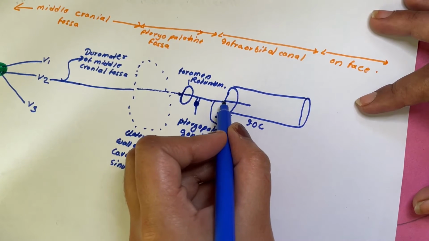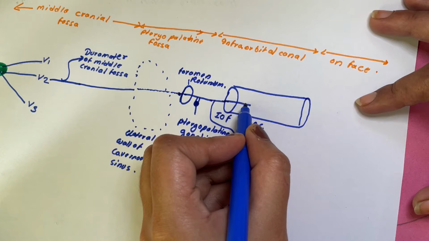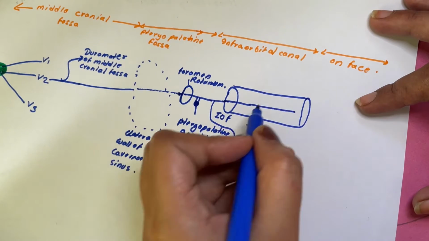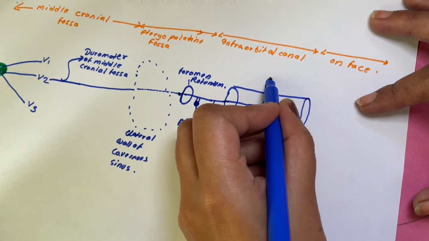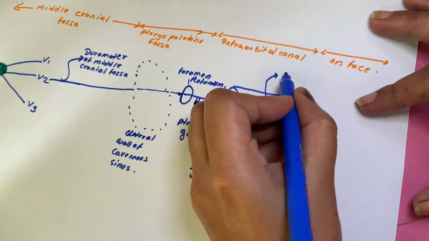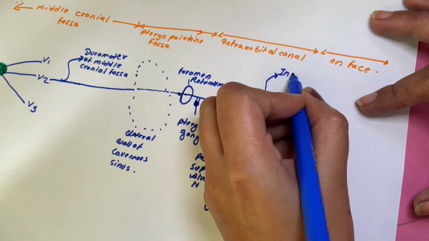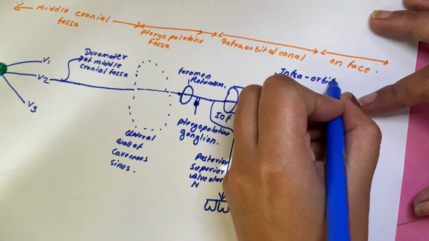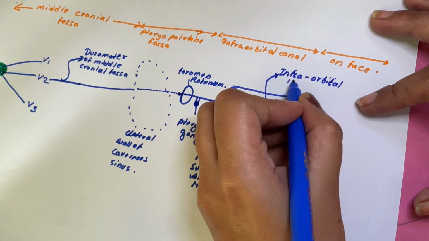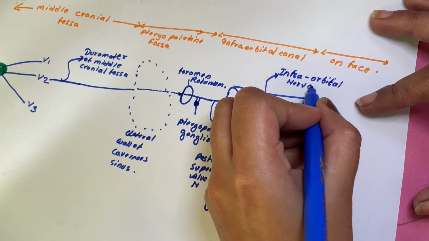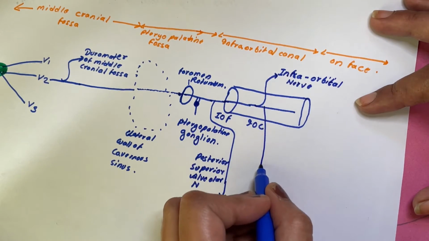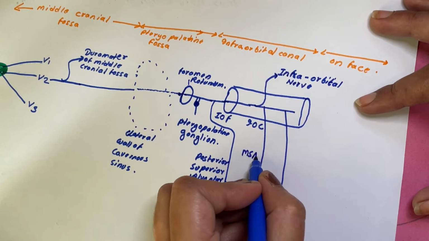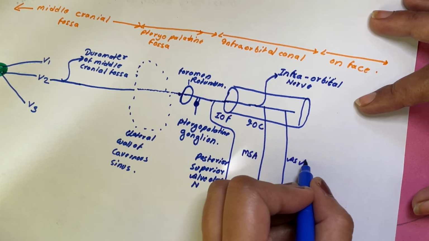And after entering through the inferior orbital fissure, the name changes to the infraorbital nerve, and it gives branches to the MSA and ASA.